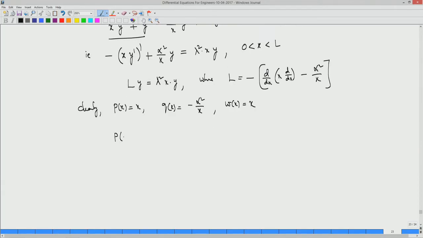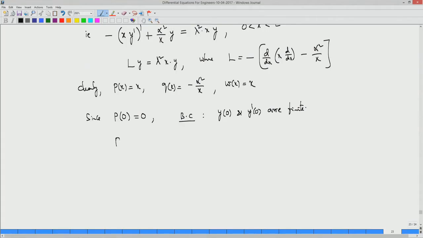You see that the boundary points are 0 and L. P of 0 is 0. Since p of 0 is 0, my boundary condition should be that y of 0 and y dash of 0 are finite or bounded. What happens to p at L? P at L is L, which is non-zero.